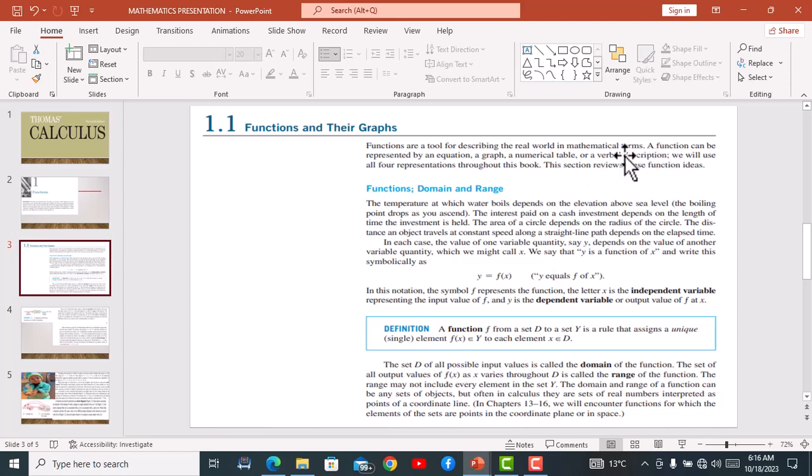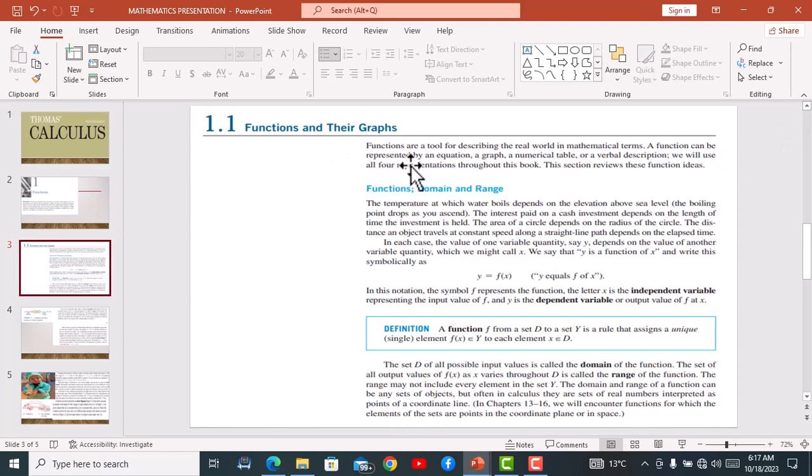Or we can even have a verbal description. We can just verbally say or predict what a certain function would do. So there's also a verbal way of describing the relationship that we are seeing in a mathematical model.